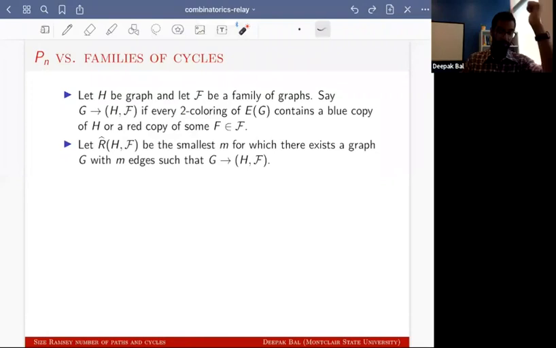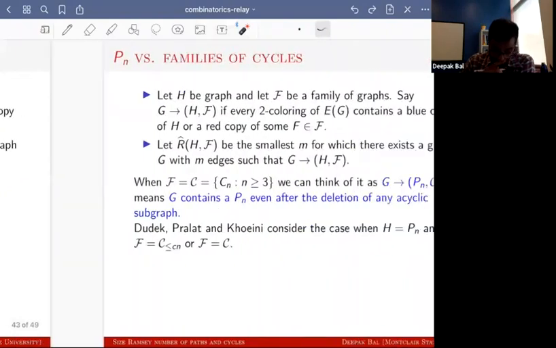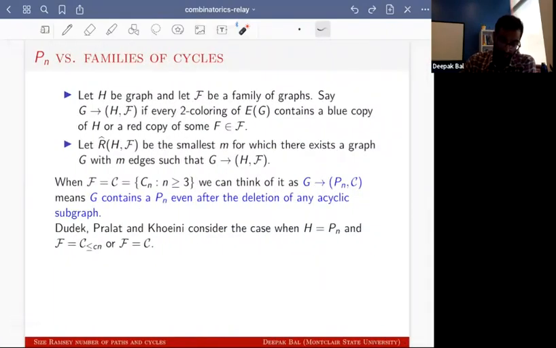Then, of course, the size Ramsey number is defined as the smallest m for which there exists a graph with m edges such that G arrows H. The family we're going to look at here is the family of all cycles, so you can think of it as (P_n, C).